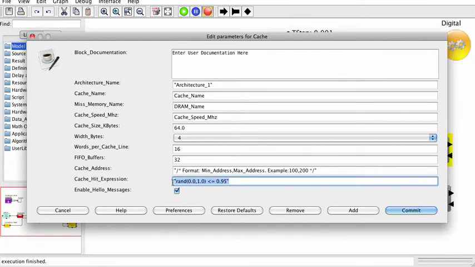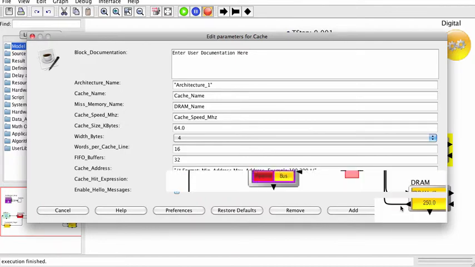And what happens is that a uniform random number will be generated upon the transaction or memory reference arriving at the cache, and if that uniformly distributed number is less than the probability, that will result in a cache hit, and if it is greater than that number, it will result in a cache miss.